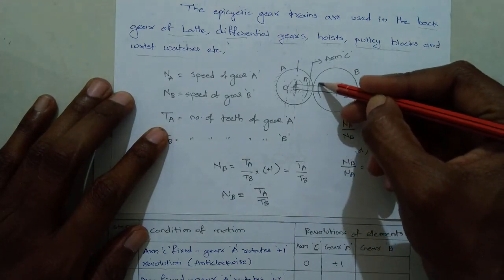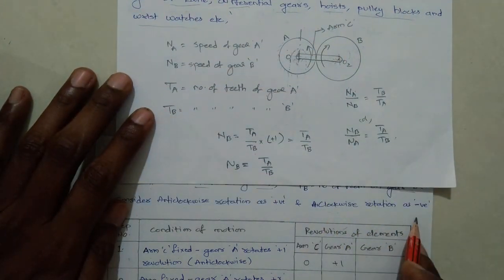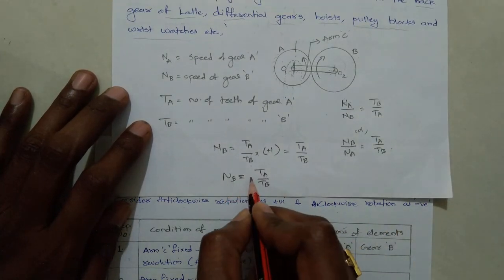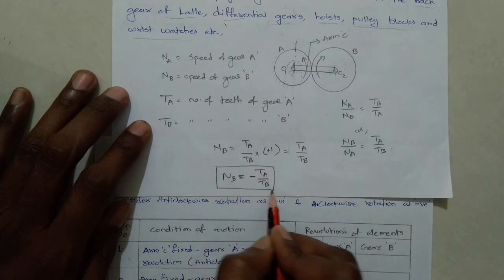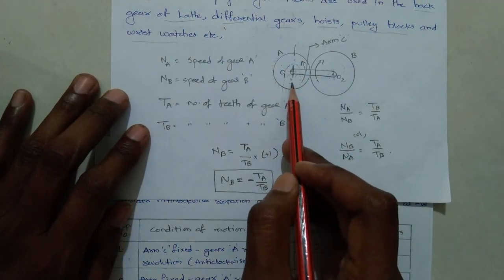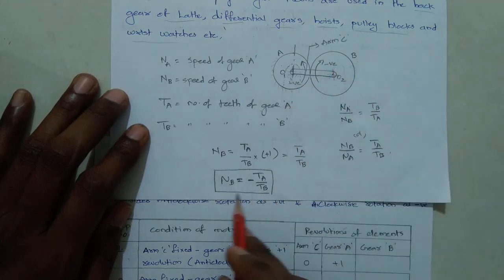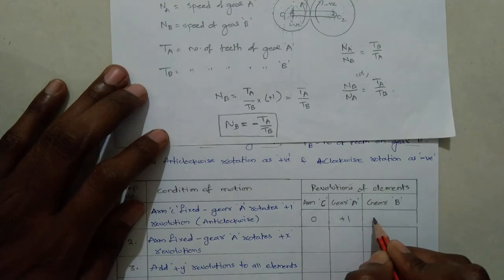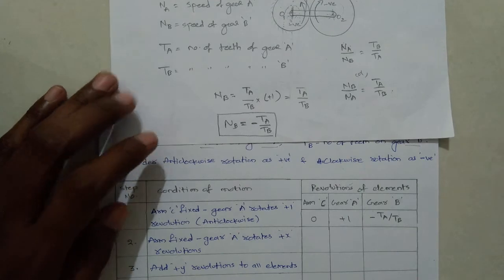That will be clockwise. For clockwise rotation, we have to take the negative symbol. So this speed of B, that is NB, will be minus. If gear A rotates anti-clockwise we use the positive symbol, and this is rotating clockwise, so we use the negative symbol. That is why I have written NB is equal to minus TA by TB here. That is the first thing.